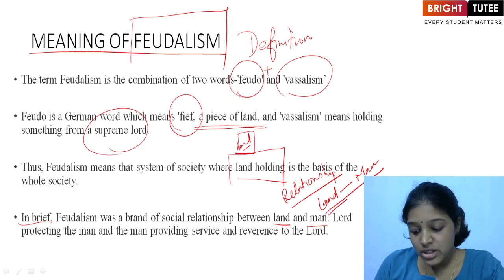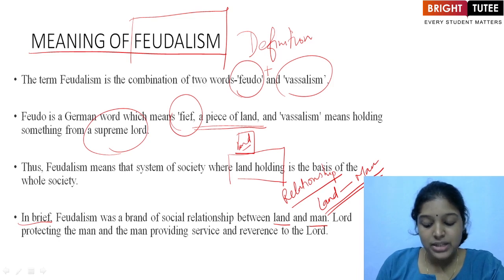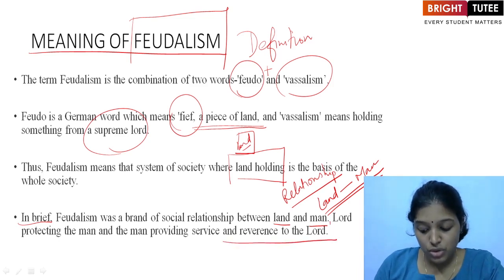Most important in the definition of feudalism is the particular kind of relationship between land and man. On what conditions does a man get the right to hold the land? Who owns the land and who has the right to hold it? This is what is most crucial to the definition of feudalism. Lord protecting the man and the man providing service and reverence to the Lord.